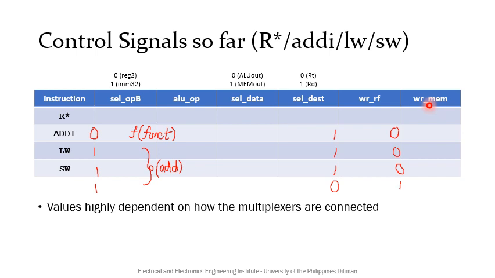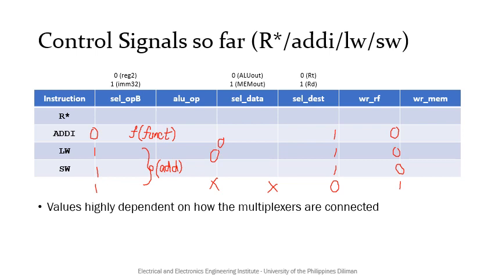Now from this, we note that every time we don't write into the register file, we don't care what is being fed at the write ports of the register file. So we write don't care at this row. For the rest, we use the data from the ALU output as the write data for R-type instructions and for addi instructions as well.